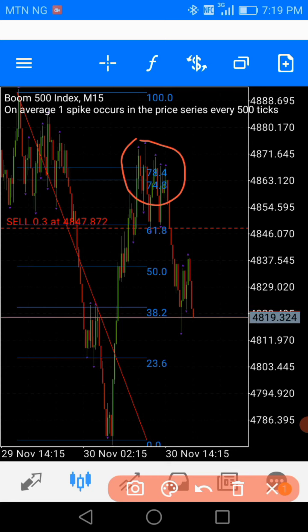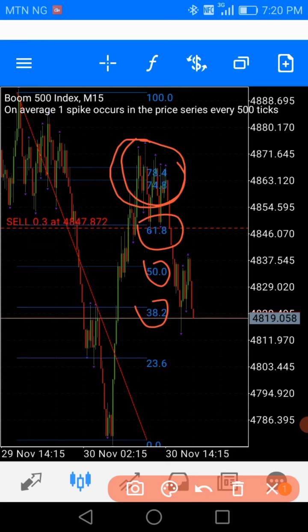I told you guys to take those levels as one, because I've tested and I've seen that sometimes the market bypasses the 38.2, the 50%, and the 61.8, which is the golden ribbon, the premium, the most critical level of the Fibonacci. But I've discovered that there is another level that the market always respects, the 78.4 and 74.8 level, and that's why I call it the CN Grade Cancels level of Fibonacci.